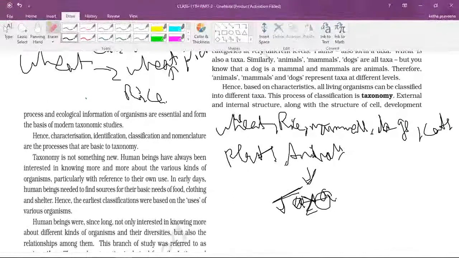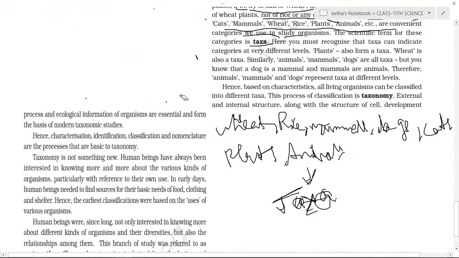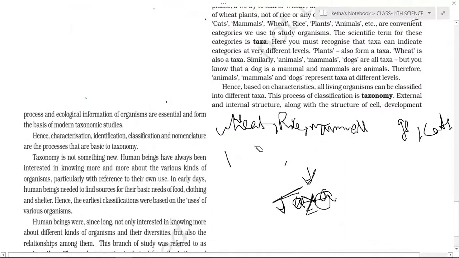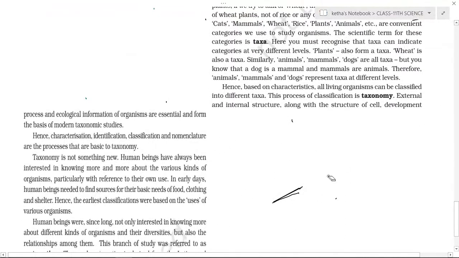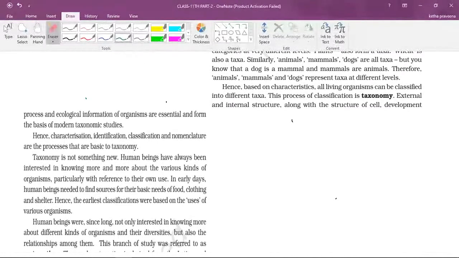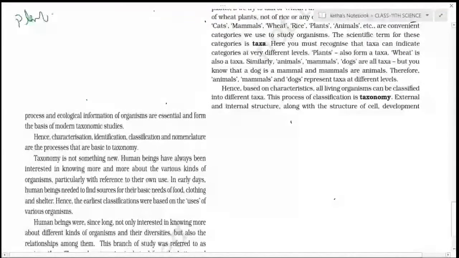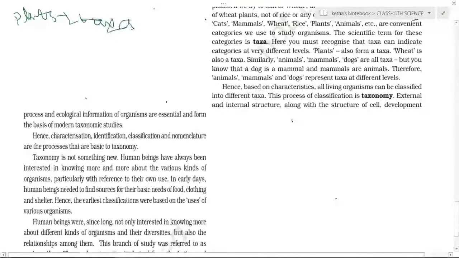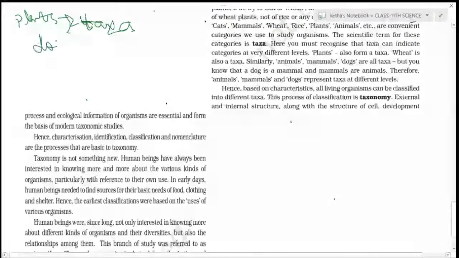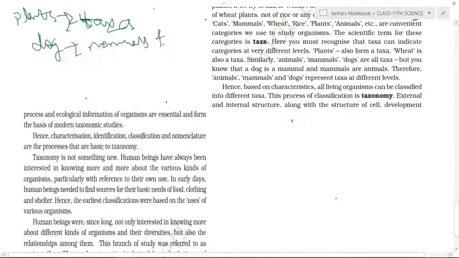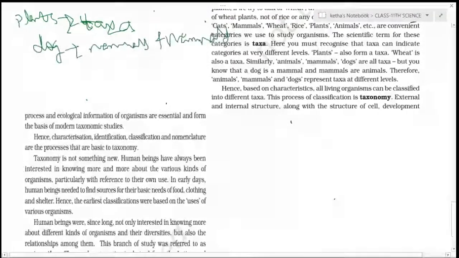We can recognize taxa at different levels. Plants also form a taxon. But you know that a dog is a mammal and mammals are animals.